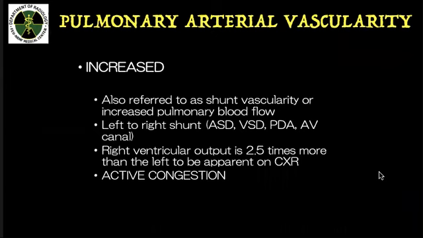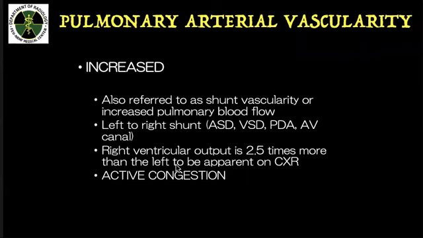Your increase is also referred to as shunt vascularity or increased pulmonary blood flow. Left to right shunt, such as your ASD, VSD, PDA, and AV canal. Then right ventricular output is 2.5 times more than the left to be apparent on chest X-ray. And in here, there is active congestion.